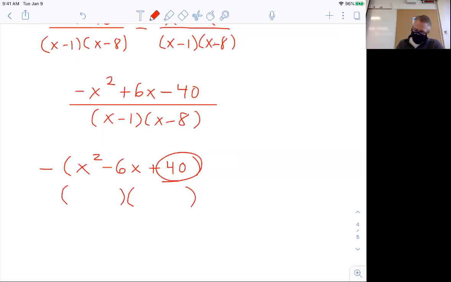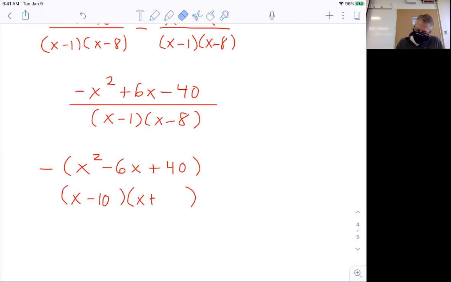But because it's a positive 40, they would have to be the same signs. So x minus 10 and x minus 4 is not going to work because that's going to give me negative 14. If I did x plus 4, I get my negative 6x in the middle, but I'm getting negative 40 on the end.